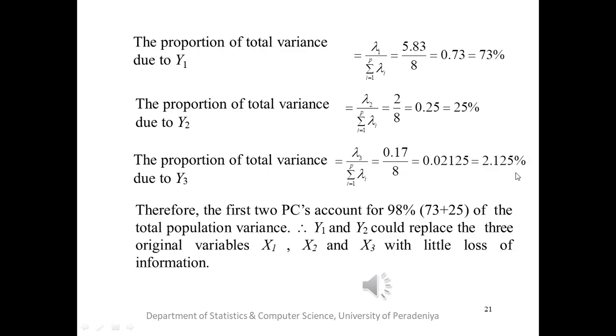Therefore, without much loss of information, we can drop y3. Then, the first 2 principal components account for 98% of the total population variance. Hence, with little loss of information, we can replace the original 3 x variables with the first 2 principal components.